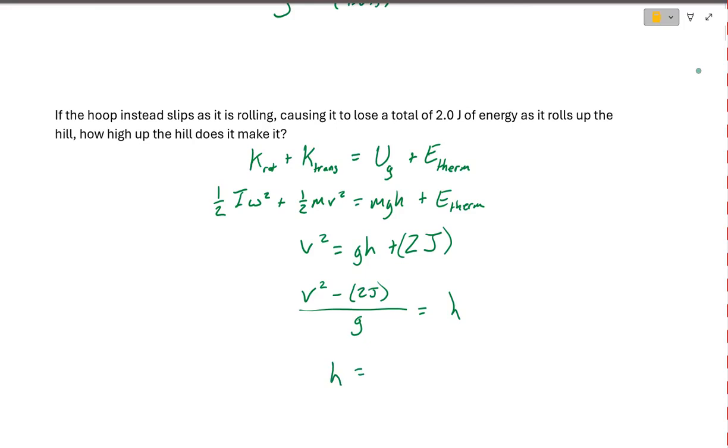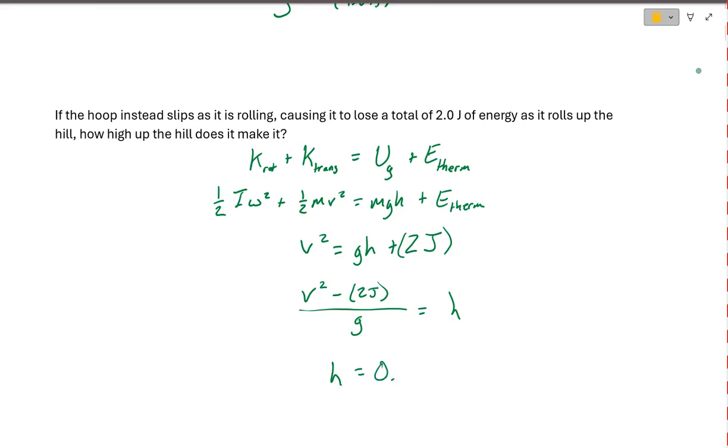And if we put that into our calculator, what do we get? Yeah, whatever 2 divided by 9.8 is. 0.2?